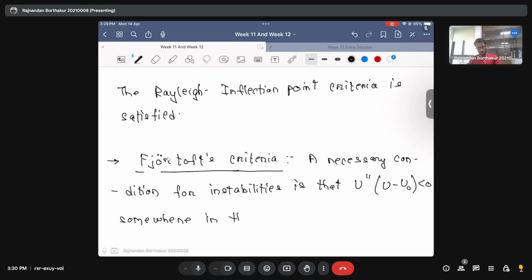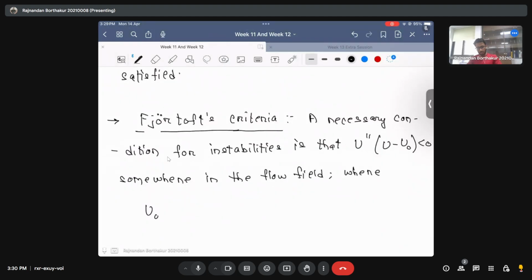Where u naught is basically your u at z equal to z naught, where z naught is the inflection point. It's basically your velocity at the inflection point. That's it.